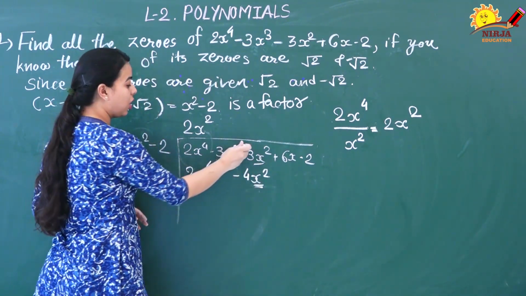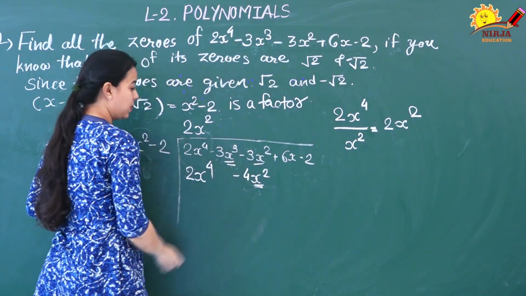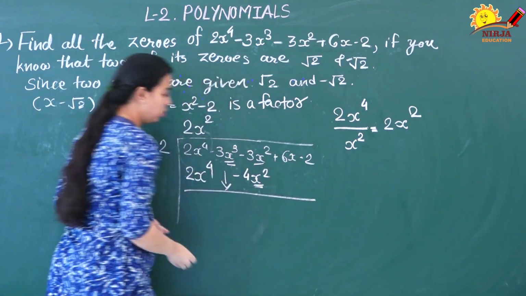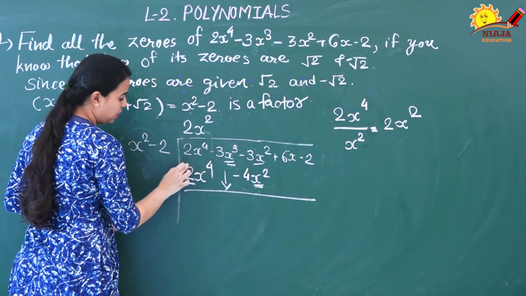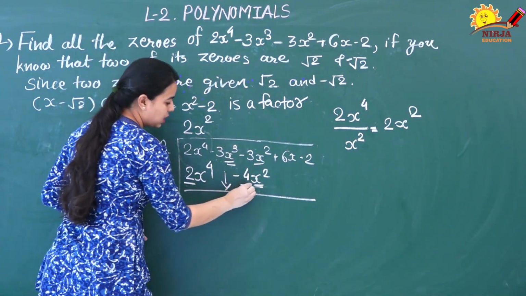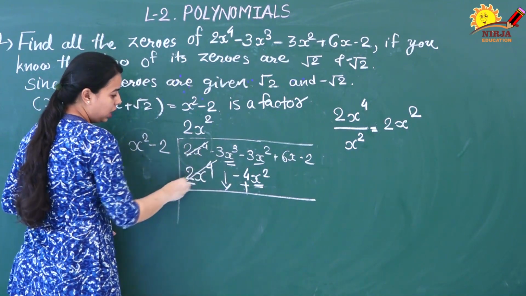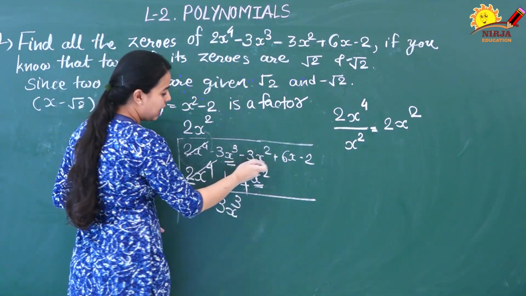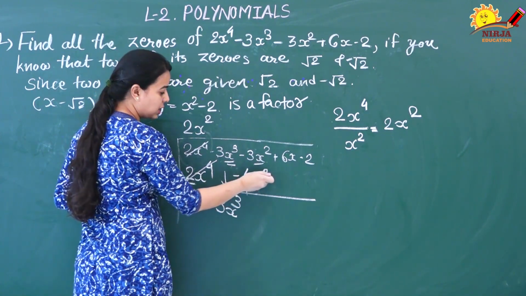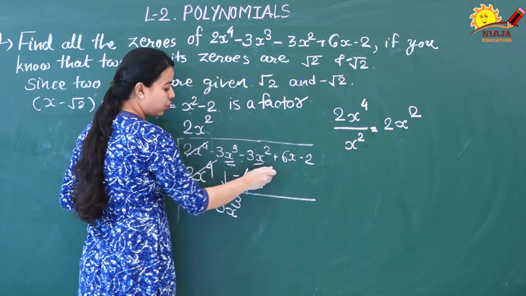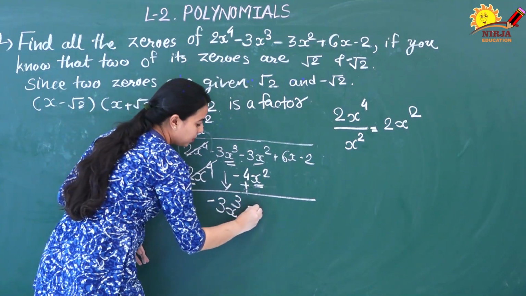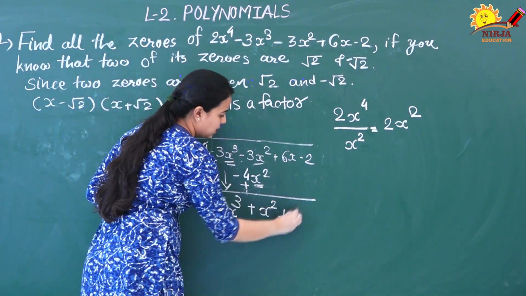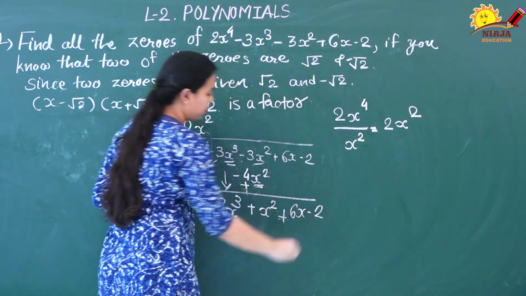We only do operations with the same variables, so I am going to leave this place as it is. Let's do subtraction: plus will become minus, minus minus will become plus. This will cancel. Minus 3x cube we write as it is, minus 3x square plus 4x square becomes plus x square, plus 6x minus 2.